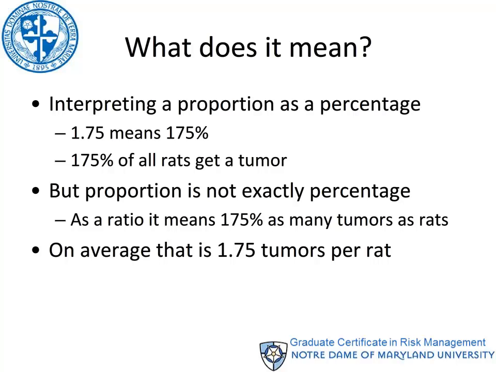And that's because a proportion isn't exactly a percentage. As a ratio, it means we have 175% as many tumors as rats. So on average, 1 milligram of benzopyrene would produce an average of 1.75 tumors per rat. So using the unit risk, the unit is 1 milligram of benzopyrene, and the response is 1.75 tumors per rat.